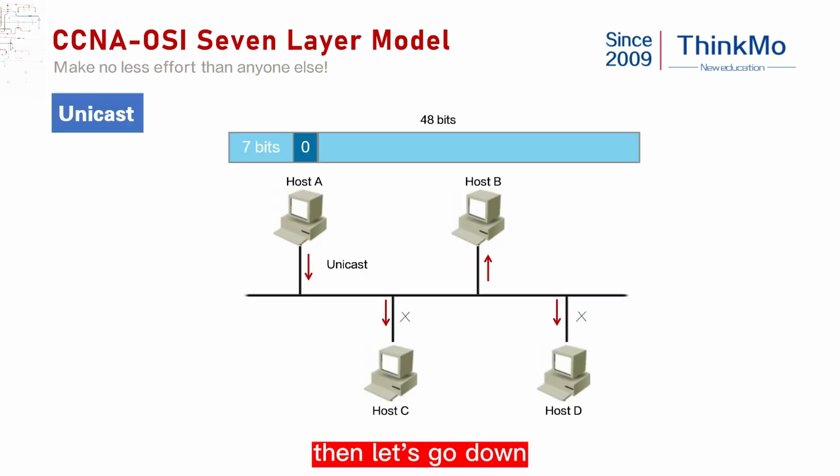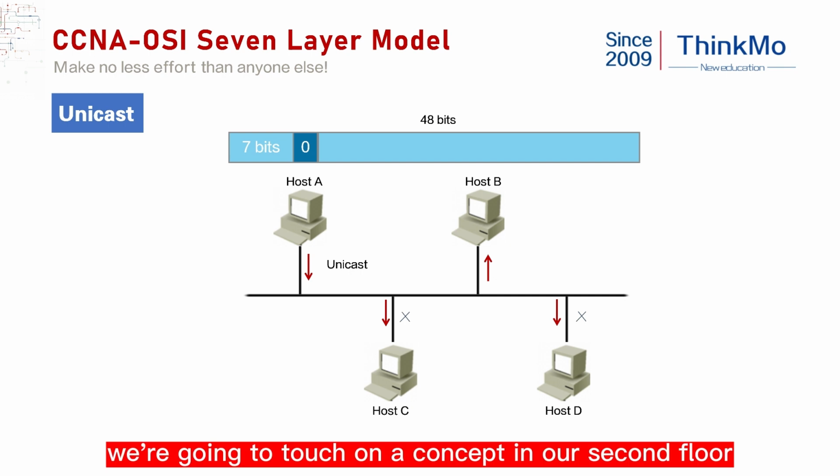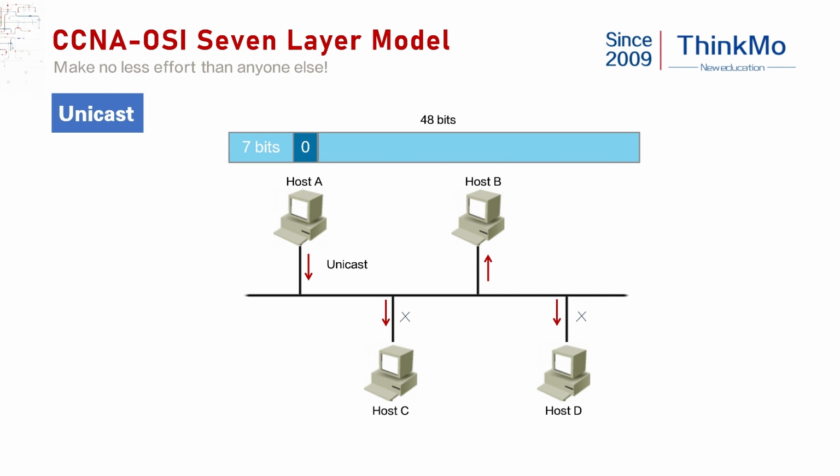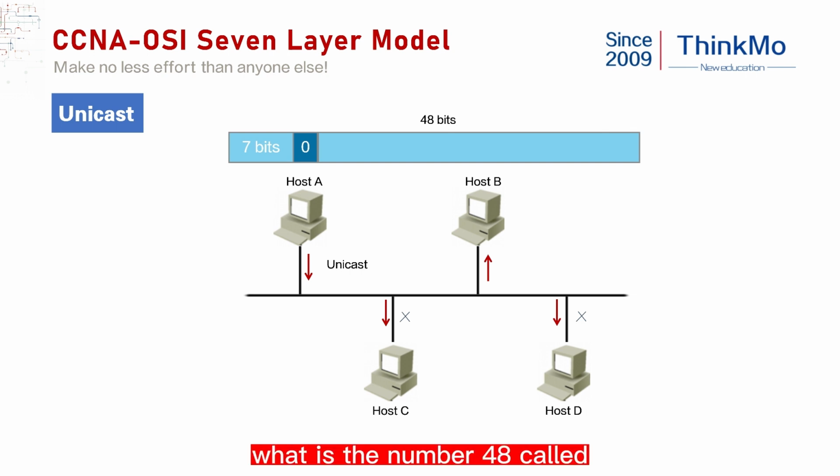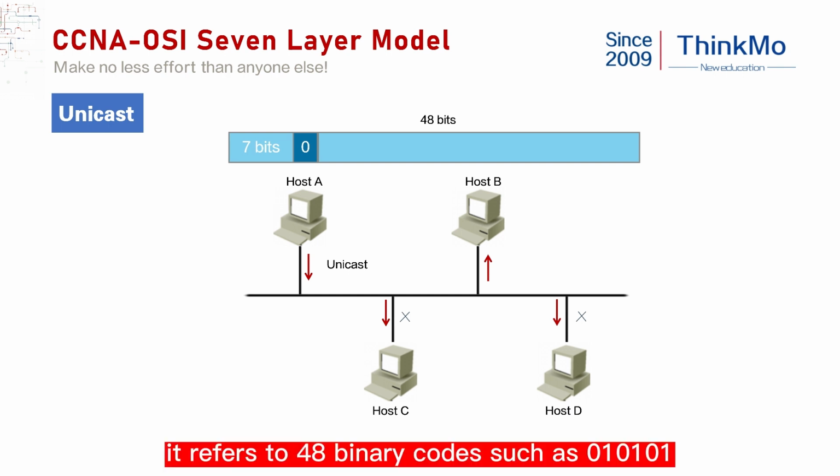Then let's go down. We're going to touch on a concept on our second layer. Everyone can see that in the layer 2 frame we will have 48 bits. What is the number 48? It refers to 48 binary digits such as 010101.